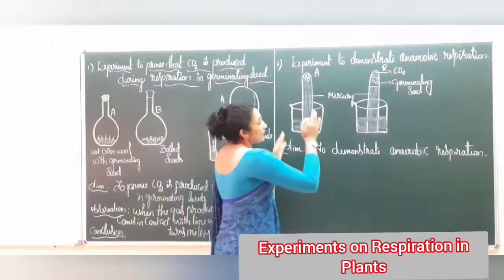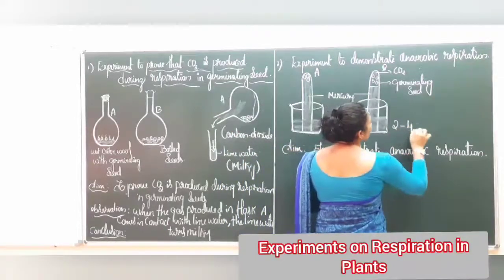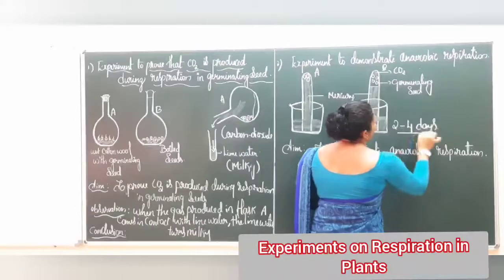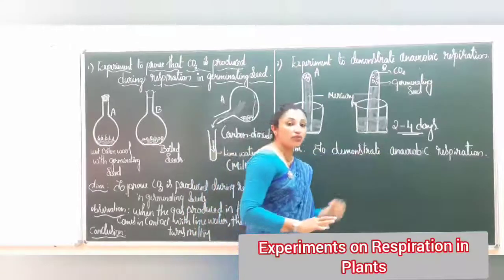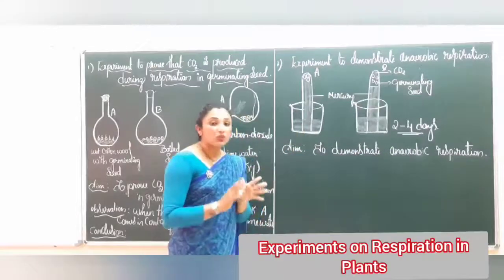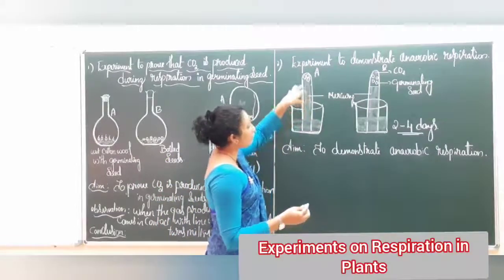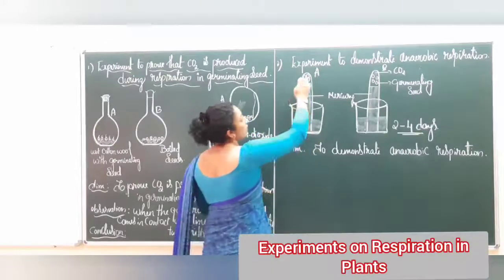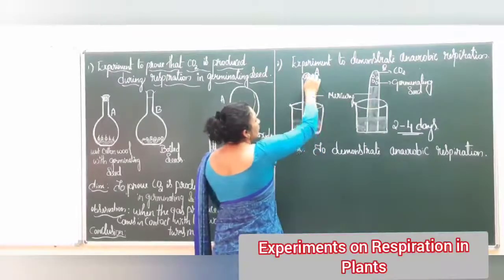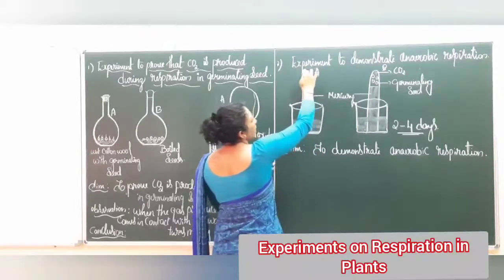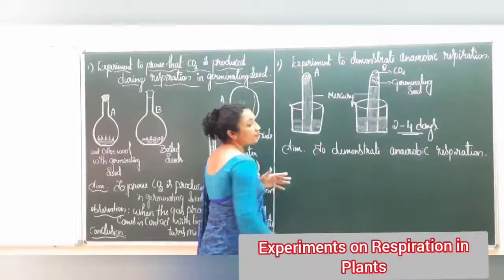Okay. Now, the setup will be left untouched for 2 to 4 days. This particular setup will be left without disturbing for 2 to 4 days. What will you actually observe after 2 to 4 days? Students, when we initially fill the mercury into the test tube, the test tube will be completely covered with the mercury.